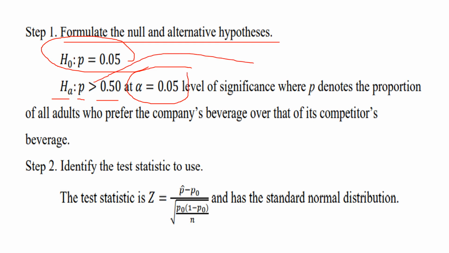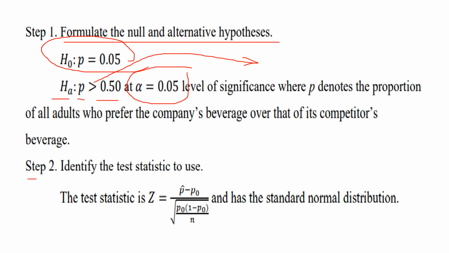Now, as you can see here, greater than, so we simply use greater than. Meaning to say we're going to subject the right tail of your normal curve for this testing of hypothesis, where p denotes the proportion of the adults who prefer the company's beverage over that of its competitor's beverage. Now, it is a right-tail test because this is greater than.